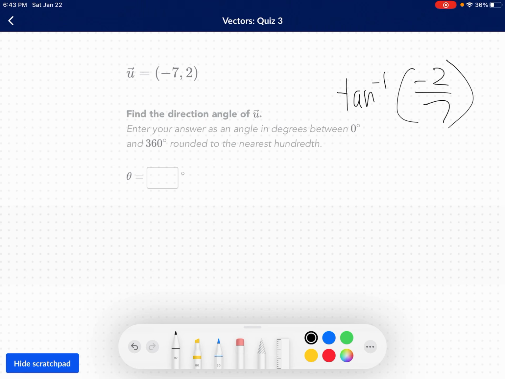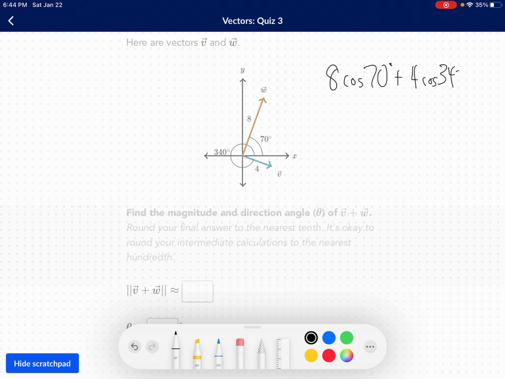Okay, this is the most annoying question there is. 8 cosine 70 degrees plus 4 cosine 340 degrees for the x component, and the y component is 8 sine 70 degrees plus 4 sine 340 degrees. Put all this gibberish in the calculator. The x is about 6.4949, and the y is approximately 6.1494.